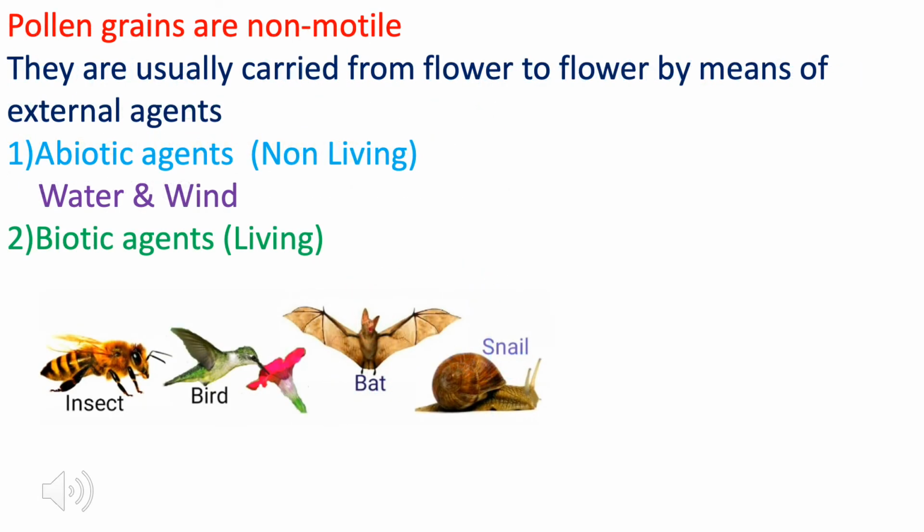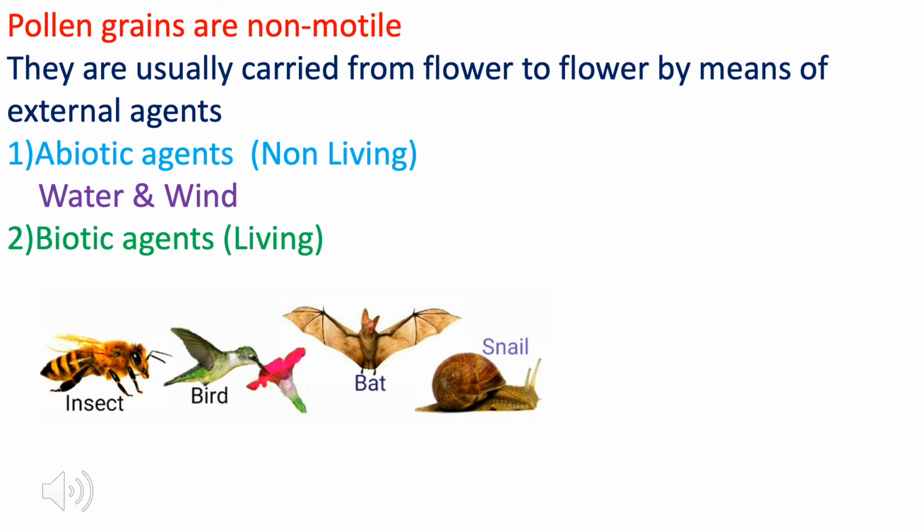The majority of flowering plants depend on the transfer of pollen grains. Virtually all seed plants need to be pollinated. Most of the food and fiber crops grown throughout the world depend upon pollinators for reproduction. So here we require pollinators. Why? Because pollen grains are non-motile. They are usually carried from flower to flower by means of external agents.